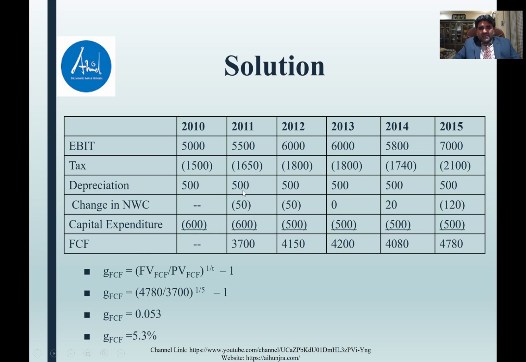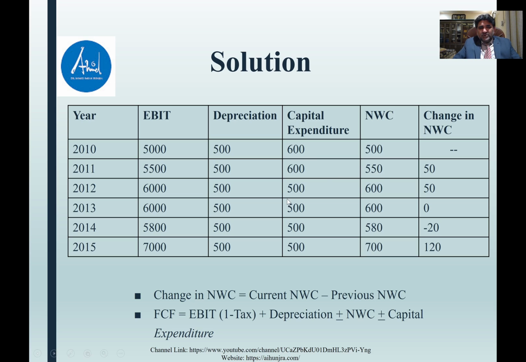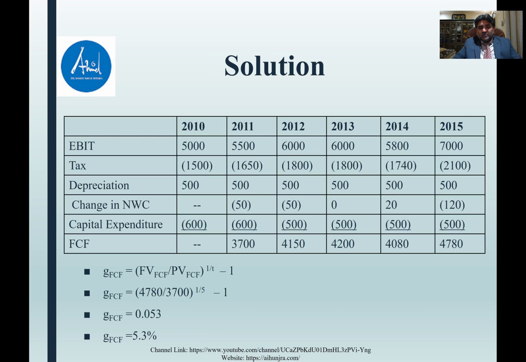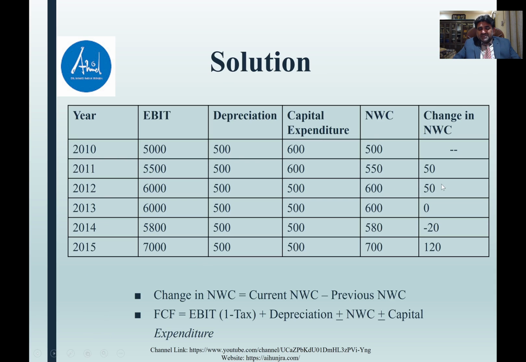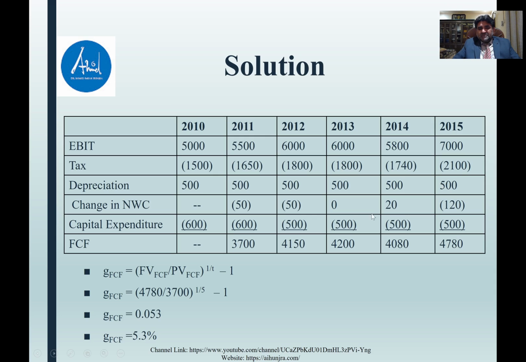Then in the previous slide, in 2011, it was a positive value. That is after meeting the business requirement. If the change in net working capital is positive, then it will be subtracted in the formula. So we placed it under the parentheses. The same concept applies in 2012. That was positive 50, so it will be subtracted.